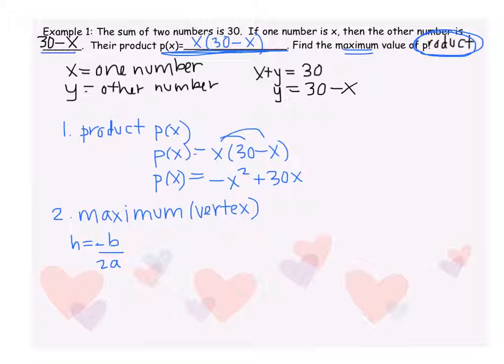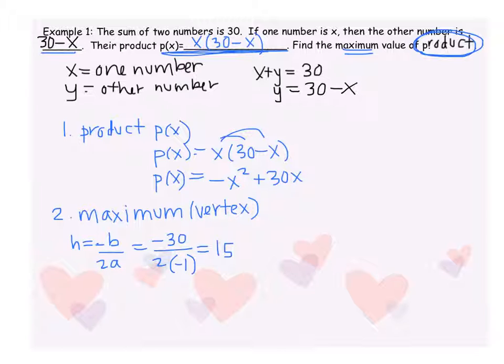So looking at our formula here in general form, a is the coefficient here, so negative 1, and b is the coefficient here, so 30. So we'll get negative 30 over 2 times negative 1. So that's 30 divided by negative 2, or 15.